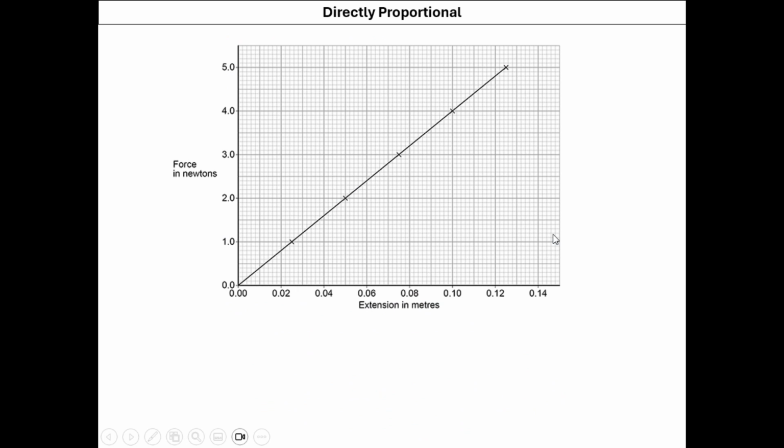Now, another way to tell if something's directly proportional is from a graph. Some people say it's easier to tell from a table, some say it's easier to tell from a graph. But ultimately, if I double one, does it double the other? So if I just look, well, 1 comes to about there.